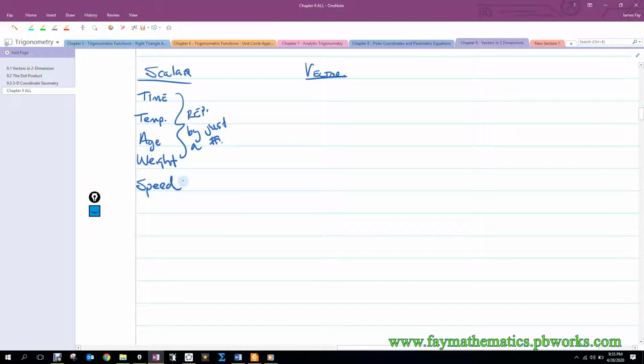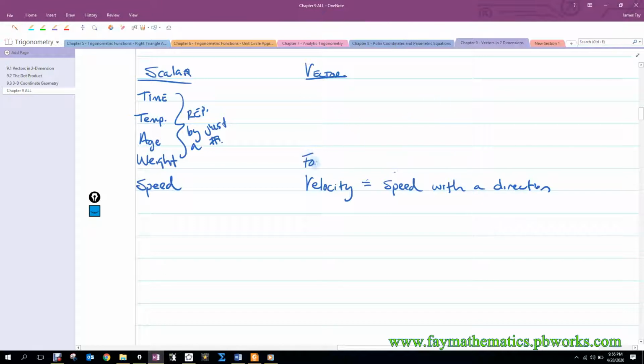Speed is one, and I'll talk about that here in a moment. But vectors are things that have to be represented by a number and a direction, okay, a number and a direction. So I said speed, velocity. Velocity is defined as speed with a direction, or speed in a certain direction.